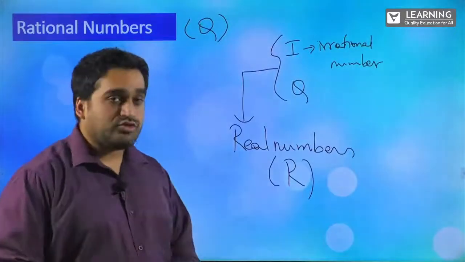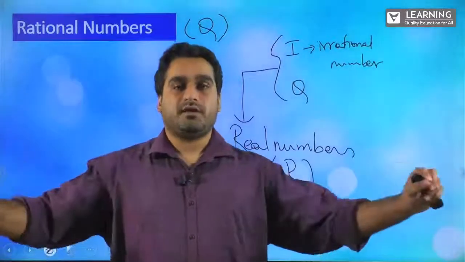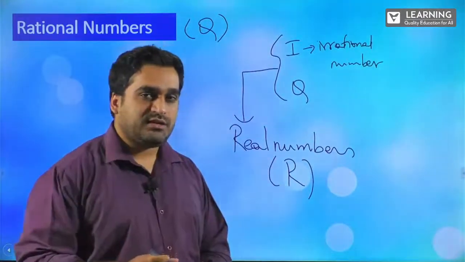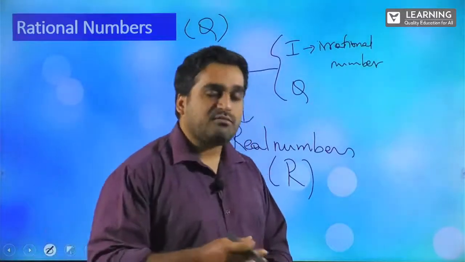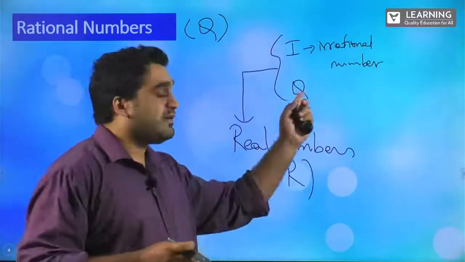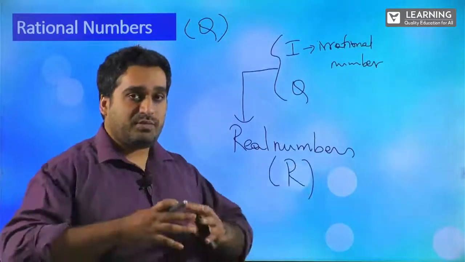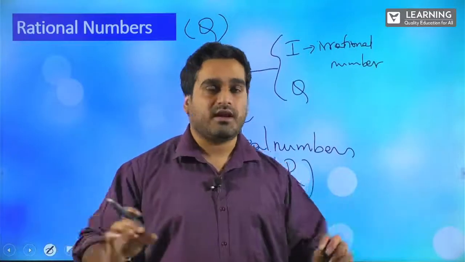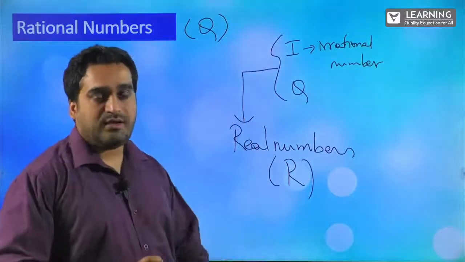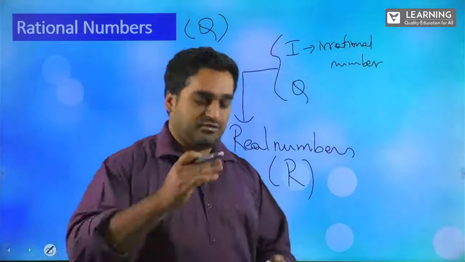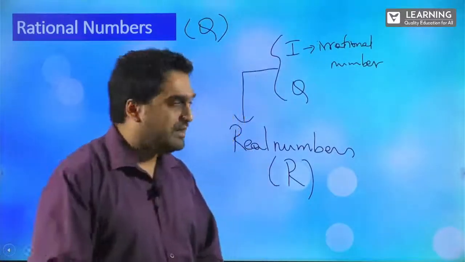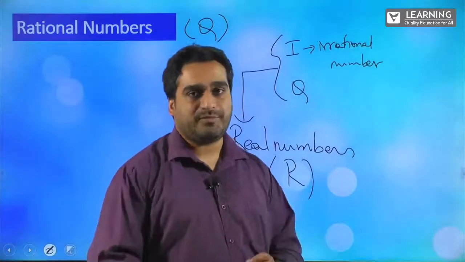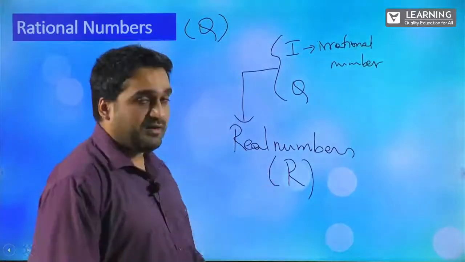Real numbers are those when you draw a number line, all those individual numbers which you place on it, not just your integers, not just your whole numbers or natural numbers, not just your rational numbers and irrational numbers, but a combination of all these numbers which are represented on the number line are what are called real numbers. So real numbers include fractions, decimals, rational numbers, irrational numbers and many more. Okay, so these are real numbers.